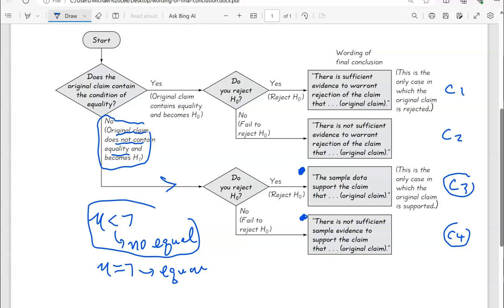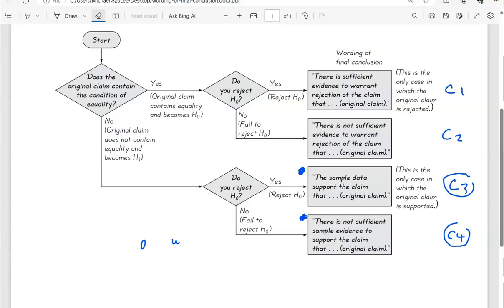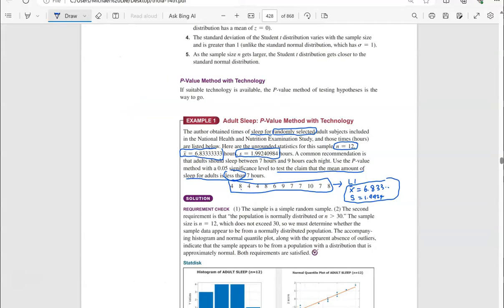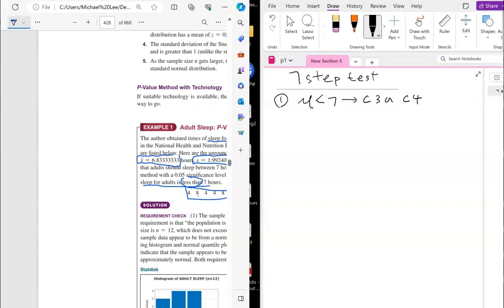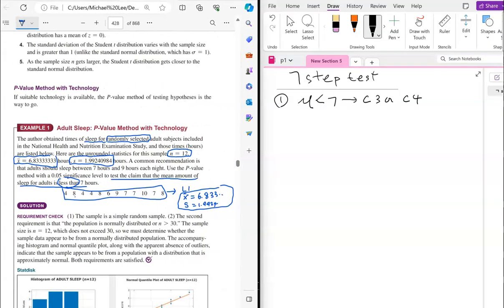Anyway, so let me erase that and go to the textbook. So now, case 3 or 4. Number 2, the null hypothesis, H0, the 7-step test, follow this: mu equals 7. Null is always equal. Now H1, what is the name of H1?